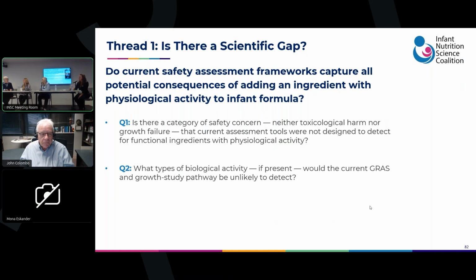In the case of the growth monitoring study, it is about growth. That is the outcome. And I think your points are important that for some of these functional ingredients, growth may not be the outcome that's the most sensitive outcome. And so what is the appropriate health outcome for that particular ingredient?